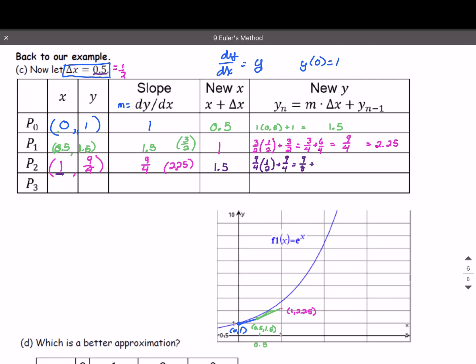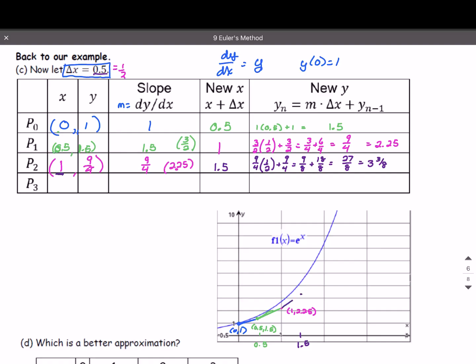Now I want to add 9/4, but I need a denominator of 8, so I need to double the numerator, and that's going to give me 27/8, which is 3 3/8. So that's not going to round nicely, but that's okay. So we're going to go to 1.5, 1, 2, 3, and not quite a half.